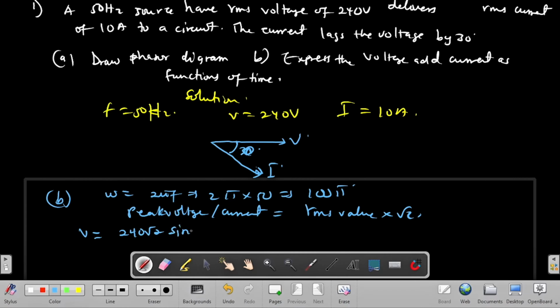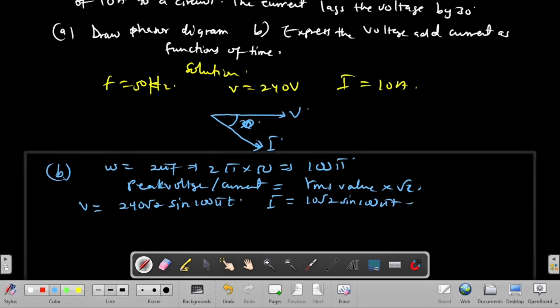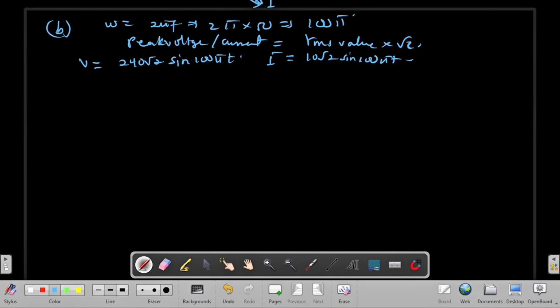Sine, now it's 100 pi, so sine 100 pi t, as simple as that. My current I becomes what? My current is 10 amps, right? So 10 root 2 sine 100 pi t, as simple as that. So this is how you can represent your voltage and your current as a function of time.